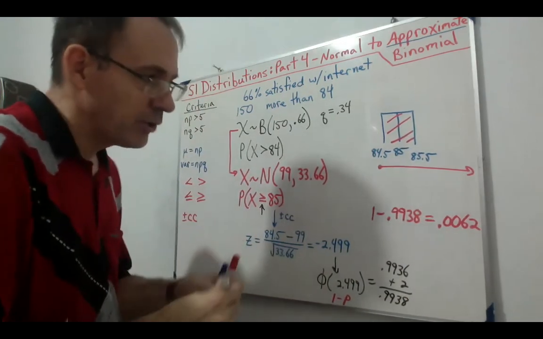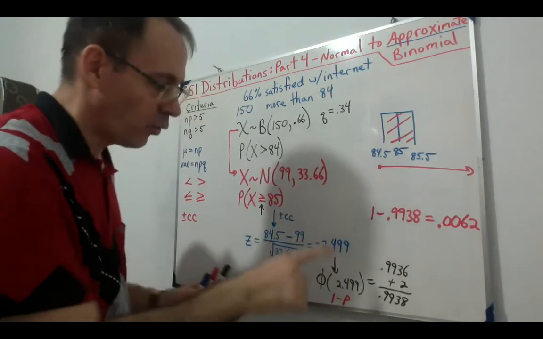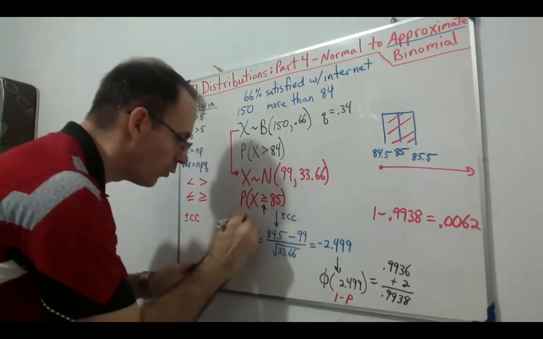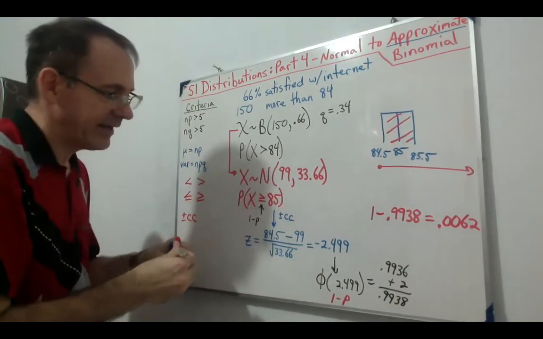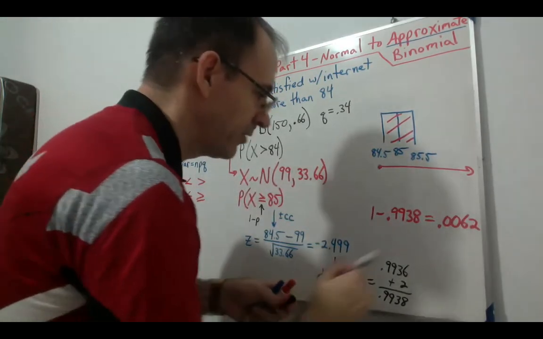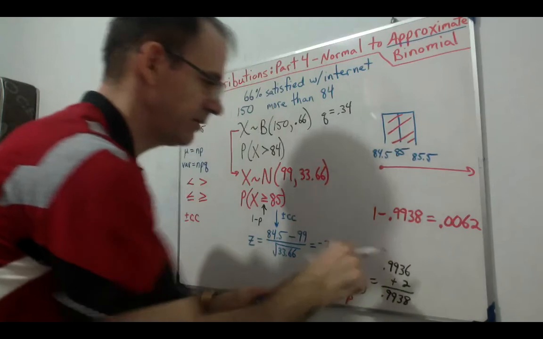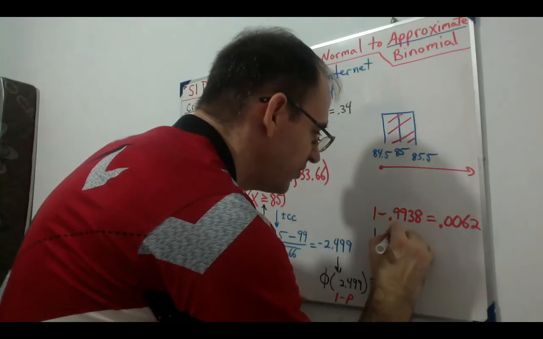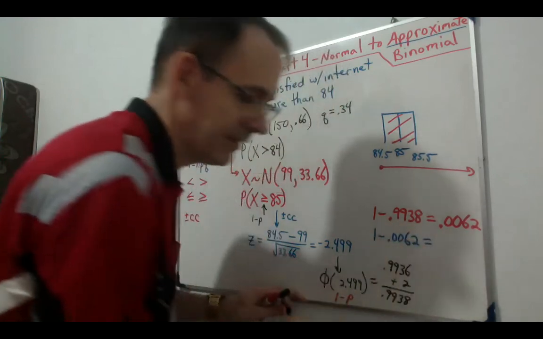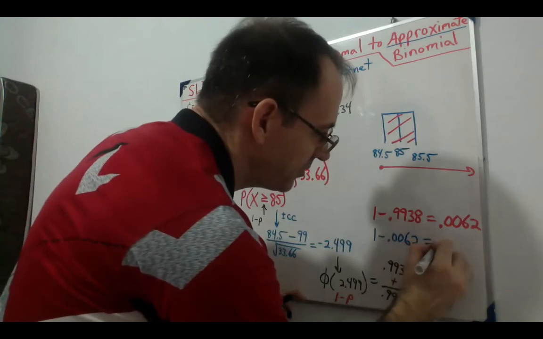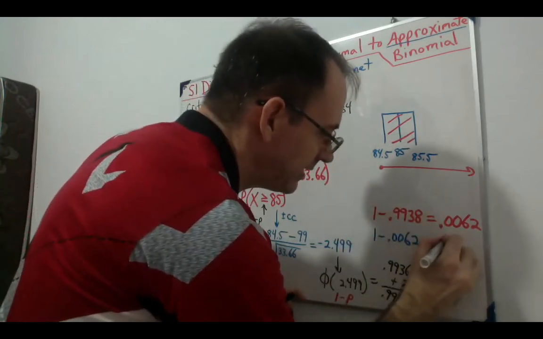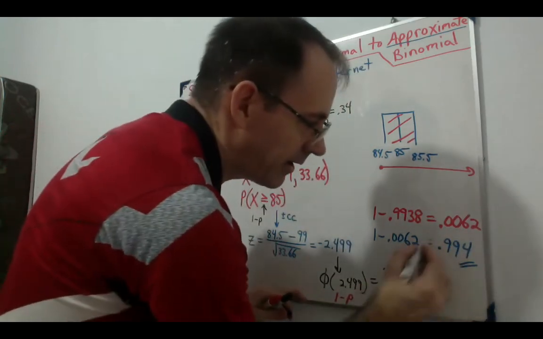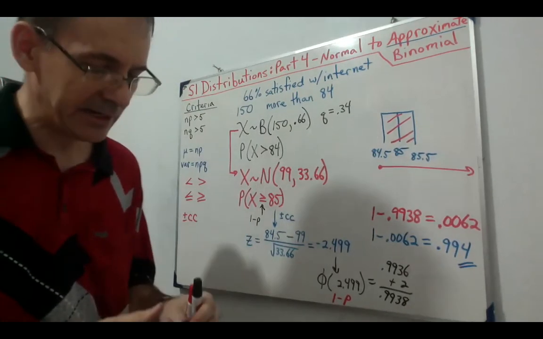So we need to do 1 minus again. 1 because of our negative z, but we need to do another 1 minus p because our inequality is facing the wrong way. So if we do 1 minus 0.0062, guess what? We end up right back with this, and if we go to 3 decimal places, 0.994, this one is our answer right here.